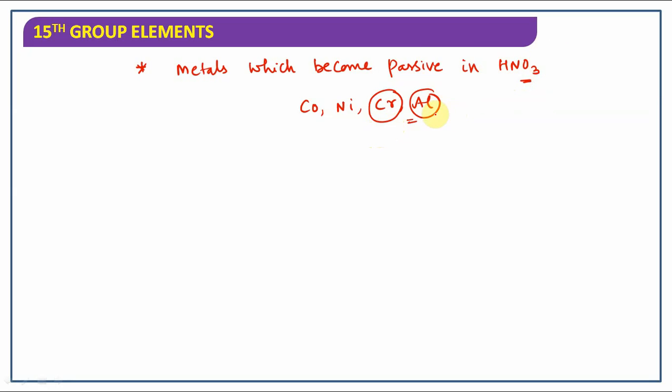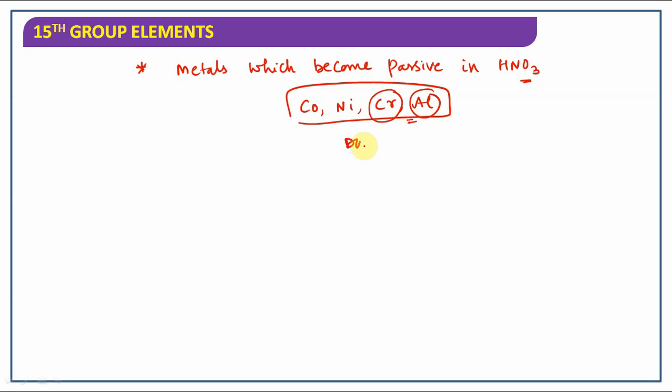Due to the formation of a thin film of metal oxide on the surface of the metal, these metals do not react with concentrated HNO3. They become passive. Passive means inert. They cannot react, right?